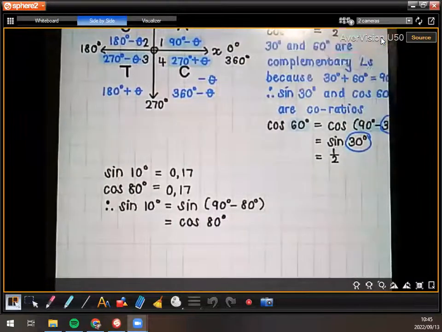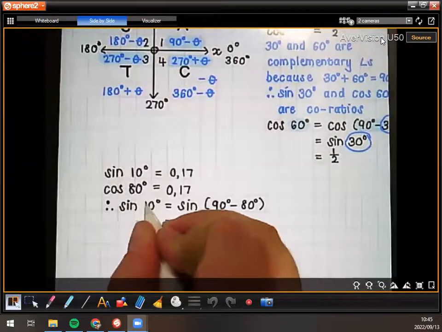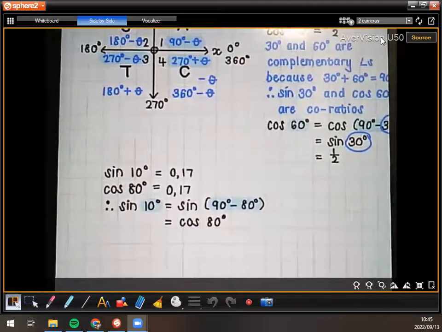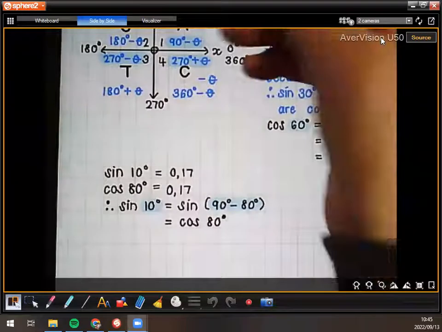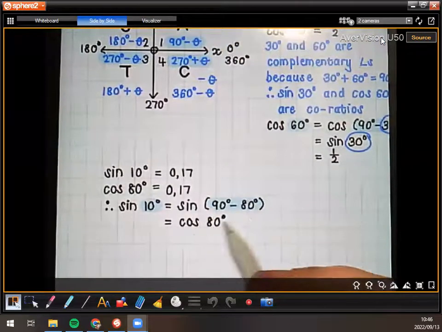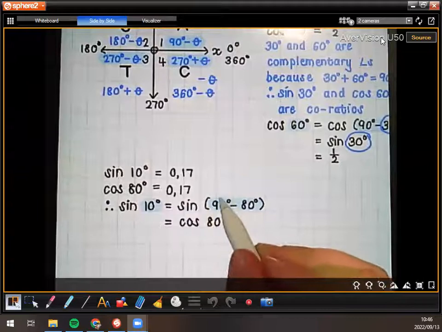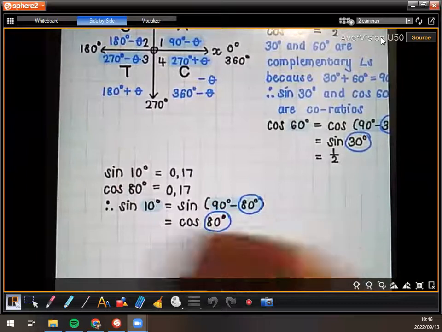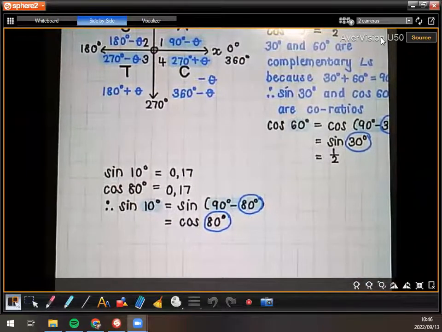So again, just like in the previous example, 10 I rewrote as 90 minus 80. And then I dropped the 90 minus. I take the 80 degrees that I added, and I take cos of it, the other one, cos of the complementary angle.